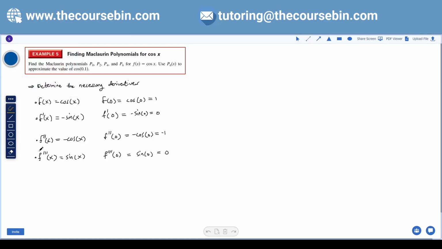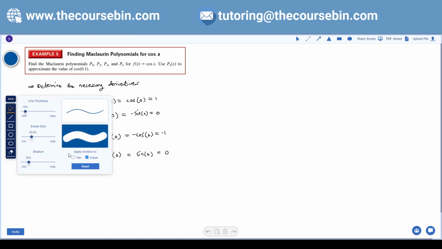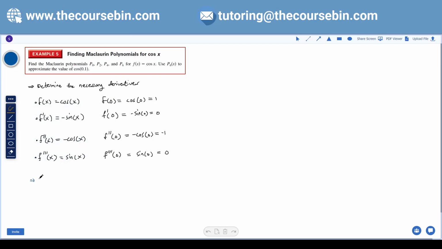Right, if we write out P6 of x, according to our formula, it's going to be f of 0, which is 1, plus 0 multiplied by x minus 0.